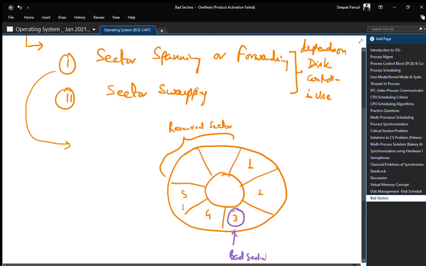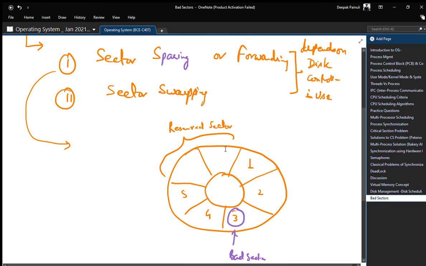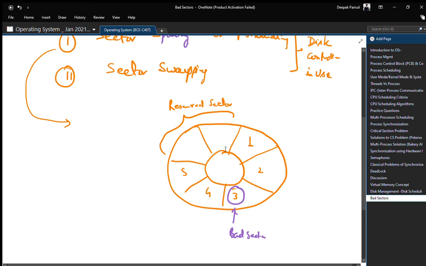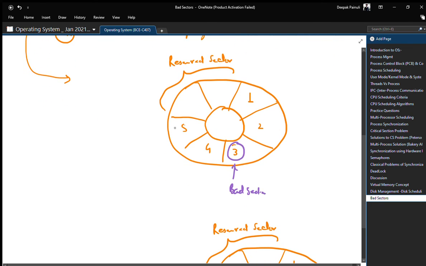So in case of sector sparing, or sector forwarding, by using this method what we will do is forward sector numbers in this direction, right?